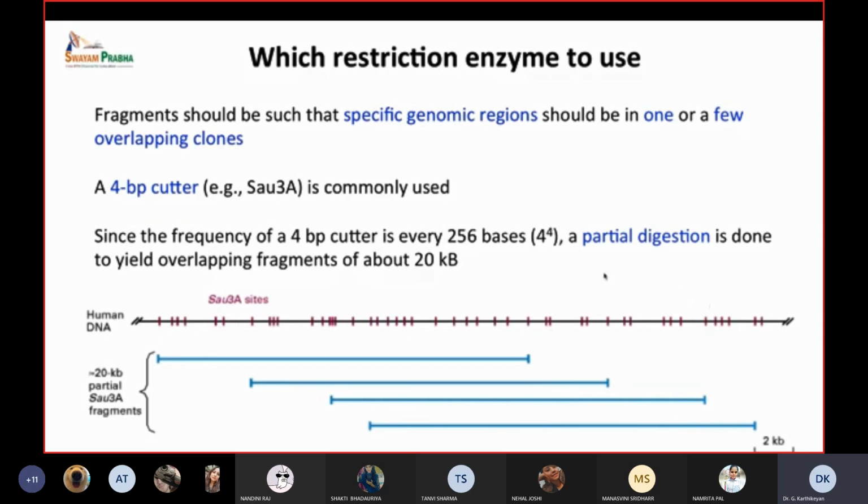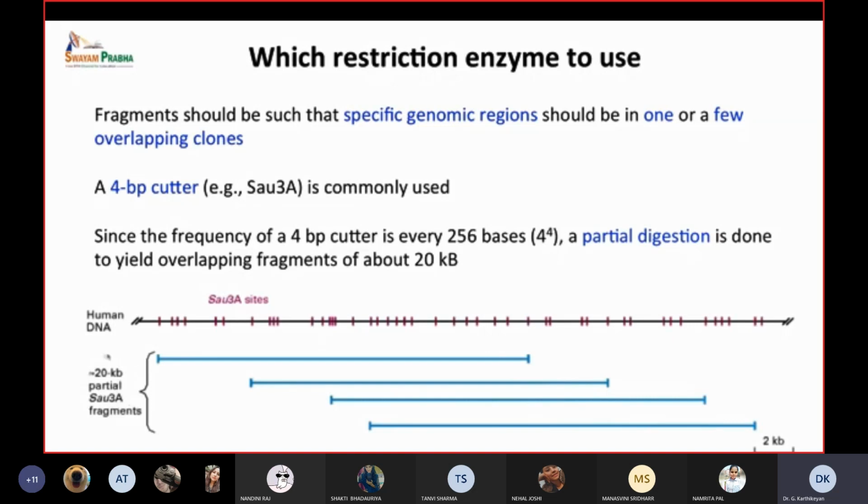So a trick that is used by researchers to tackle this problem is to carry out what is known as a partial digestion. Partial digestion is nothing but diluting the restriction enzyme quite a bit and adding very little of that enzyme, and then you withdraw samples and keep checking to obtain the fragment sizes which are desirable.